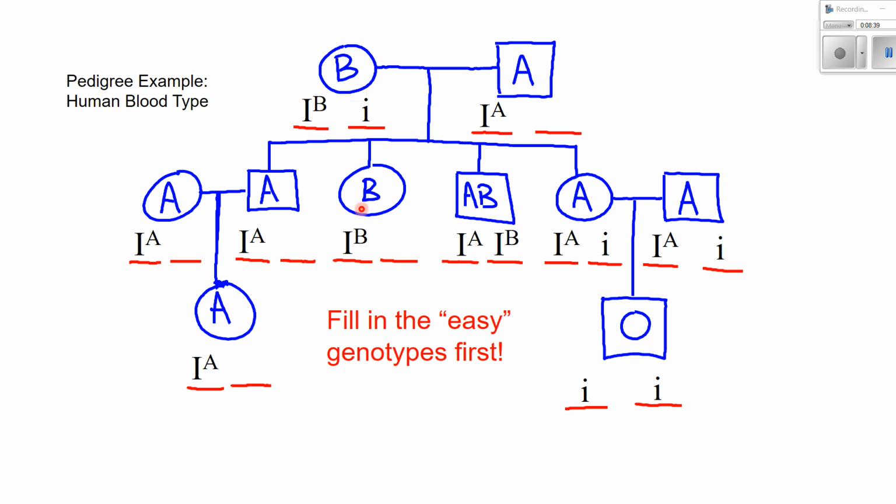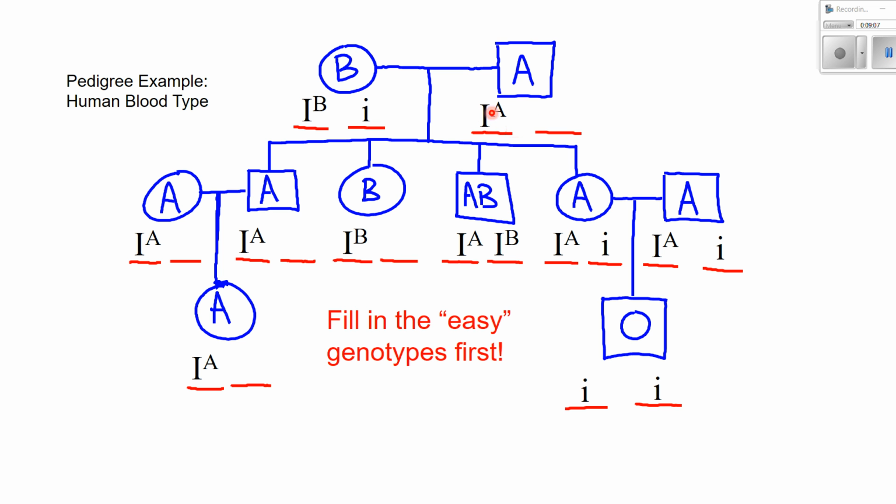I can use the same logic for this girl. See, big IB looks like it probably came from mom. Is it possible that this big IB could have come from the dad? No, because this is not AB blood type. So if the big IB came from mom, that means this gene had to come from dad.